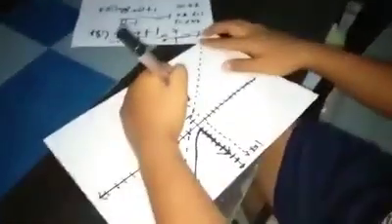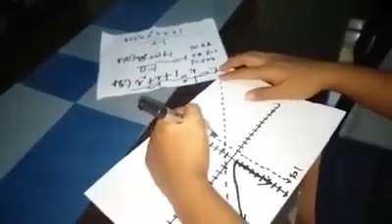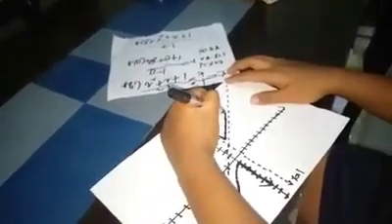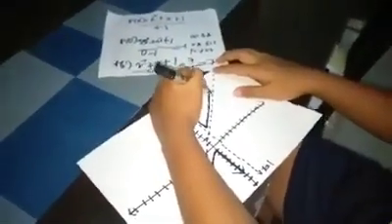So it is equal to 7. We have to plot the point 7. And we graph. And that's it.